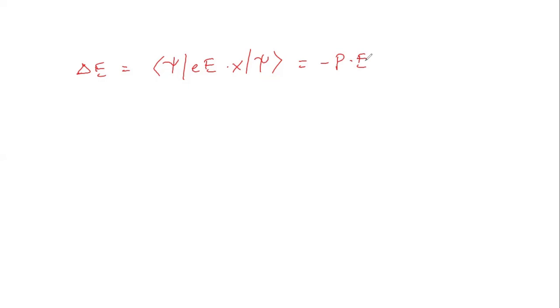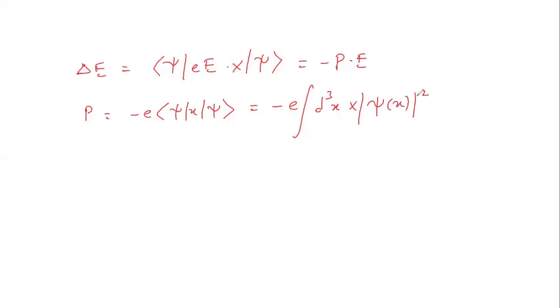So P is the same as negative e, bra of psi, x, ket of psi, which is the negative of the electronic charge times the integral, in three-dimensional space, of x times mod psi of x squared.